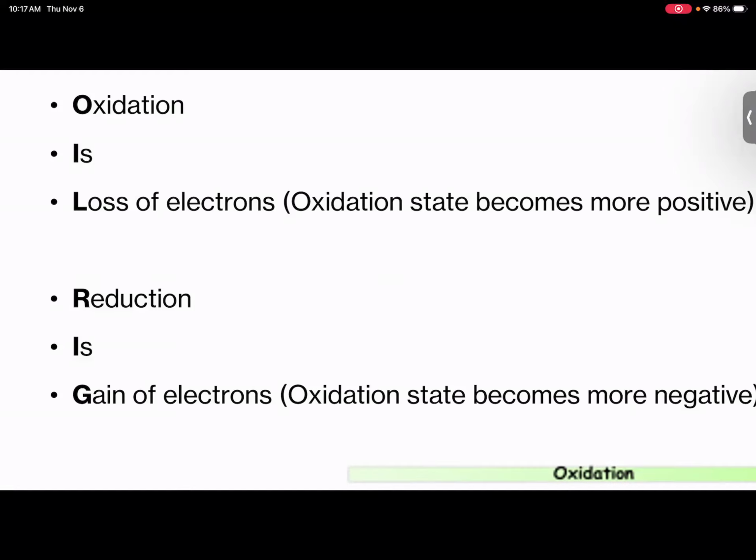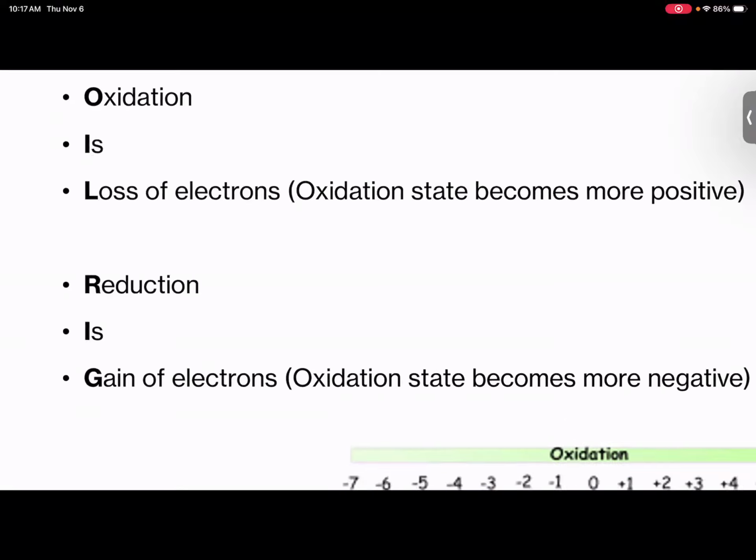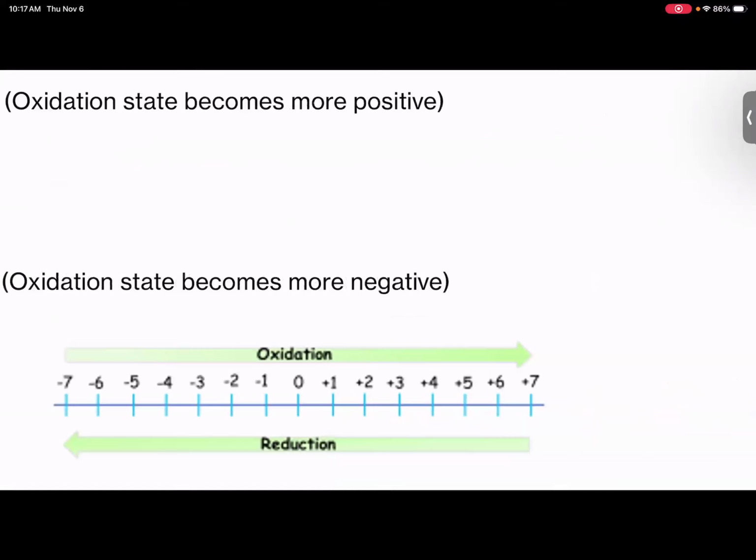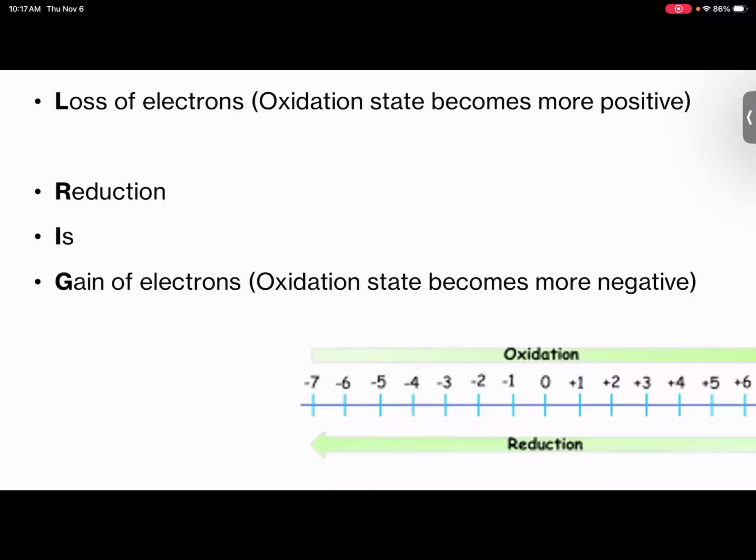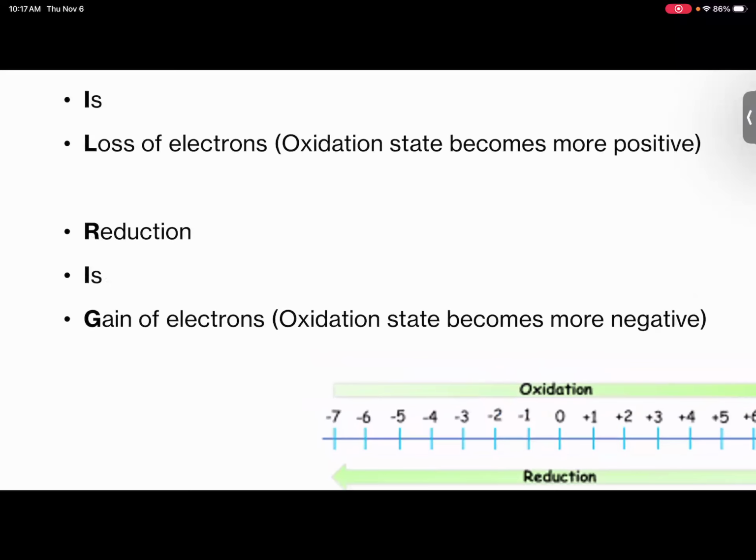When I'm talking about this, I'm thinking of a number line. And you don't have to go into the negative. All you've got to do is become more negative, meaning you could go from +4 to +2, and that would be reduction.